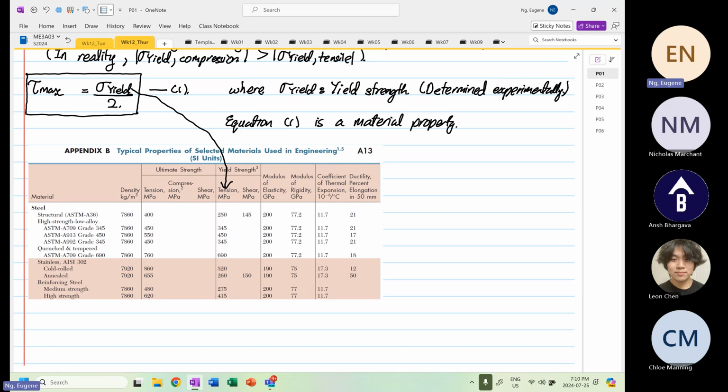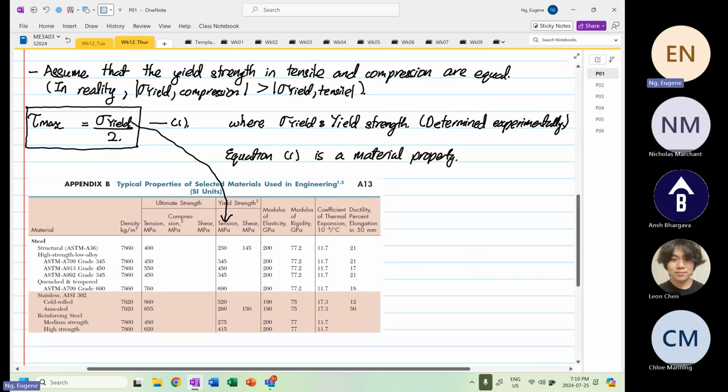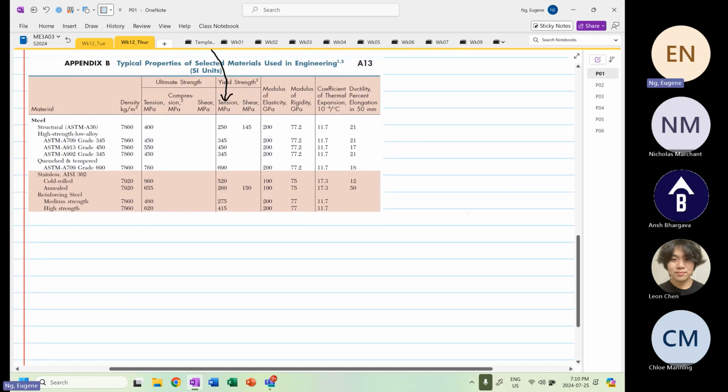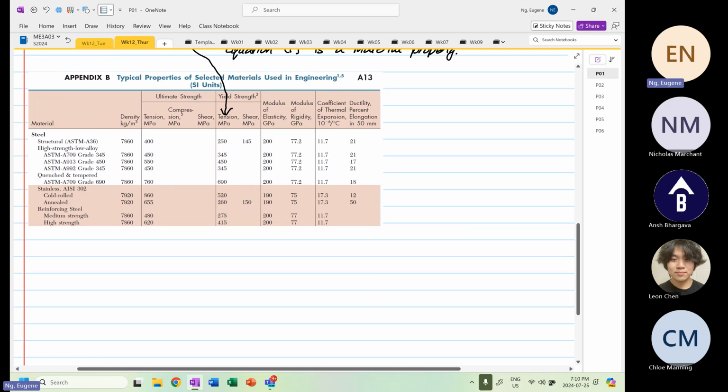If you were to use this criteria at compression, the stresses are the same. The magnitude is the same. Whether it is in tension or in compression, the yield strengths are equal. So with this, as I mentioned before, all this is quoted as principal stress.